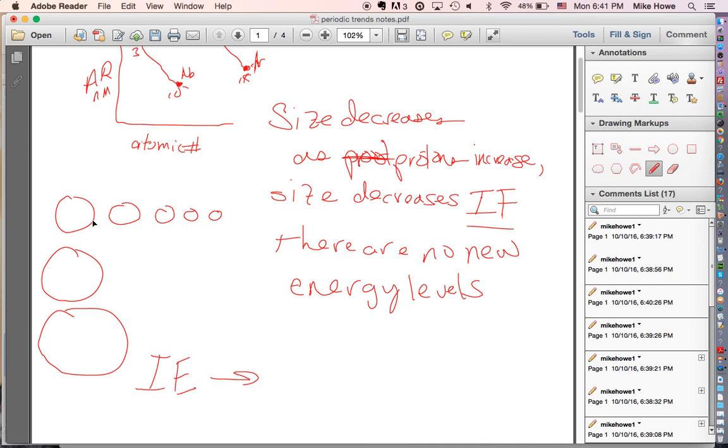They're getting smaller because you're adding protons to pull the electrons in tighter to the nucleus. The smaller atom is smaller because the electrons are being held tighter. So as you go from left to right, ionization energy increases.